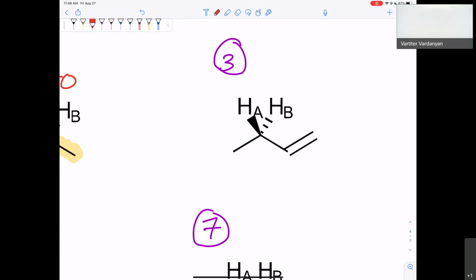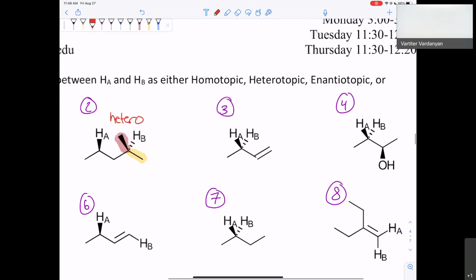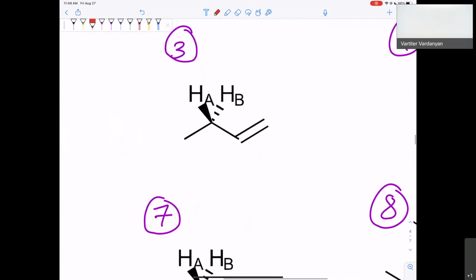Food number 3. Explain, please. Okay, there's a line symmetry. Yes. Awesome. Okay. So why don't we talk about the double bond? Because double bond equals diastereotopic, right?